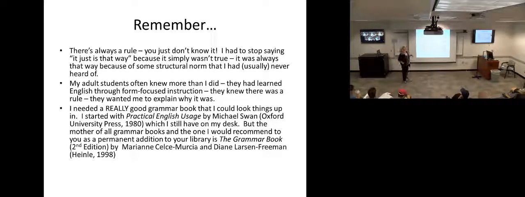All right? My adult students, so by this now we're talking about people like Nana, Sandy, Jade, often knew more about this than I did because they came from a grammar translation environment. So they had spent their whole time learning about grammar. So I would say something, and this was really back in the day.